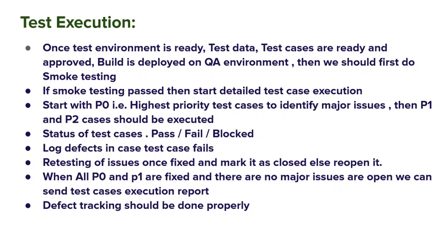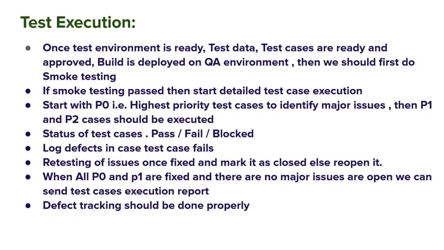Once it is deployed on the correct QA environment, then as a QA, we should first do smoke testing. We have already seen what smoke testing is. Once the developer deploys the QA build on the test environment, as a testing team we should always first do the smoke testing.